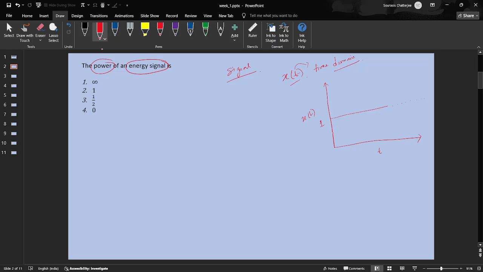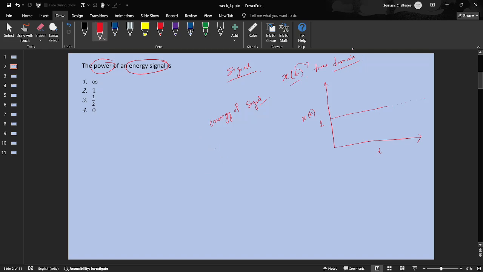So when I talk about energy of signal, what do we exactly mean by that? Or let's talk about the math. What is the expression for energy of signal? So I have a signal x of t. How can I write the energy of signal?